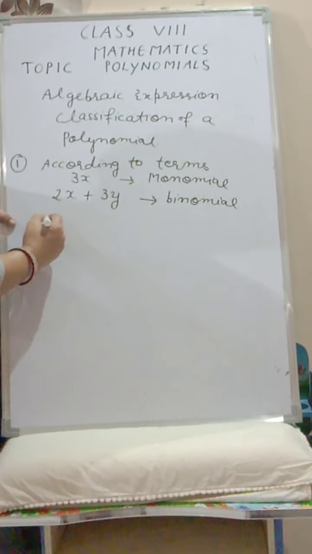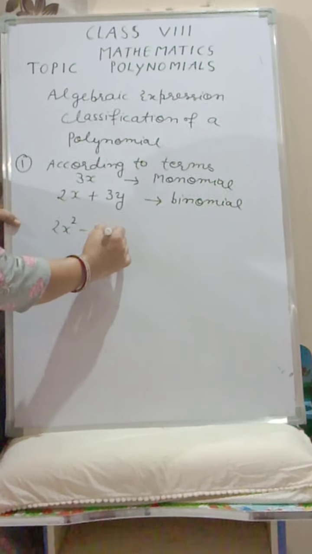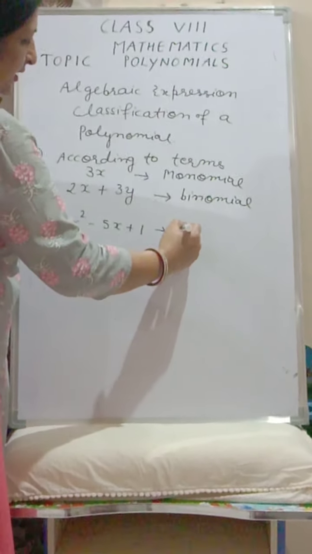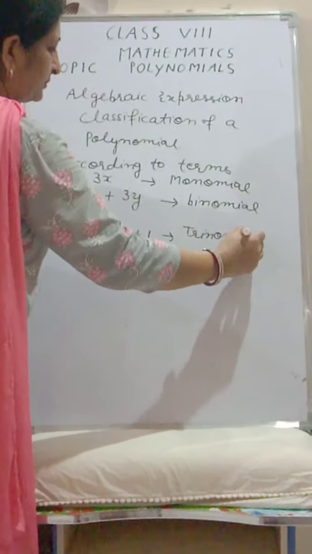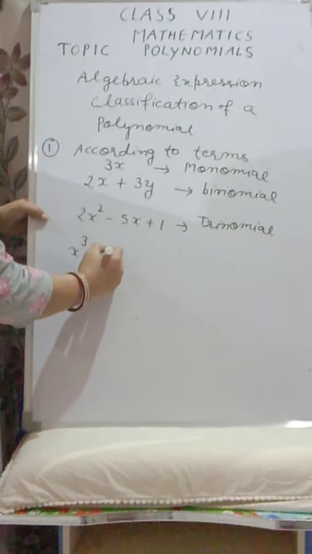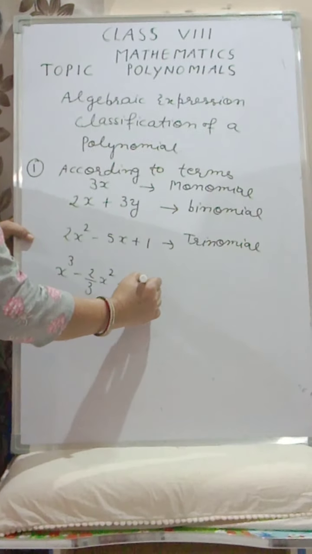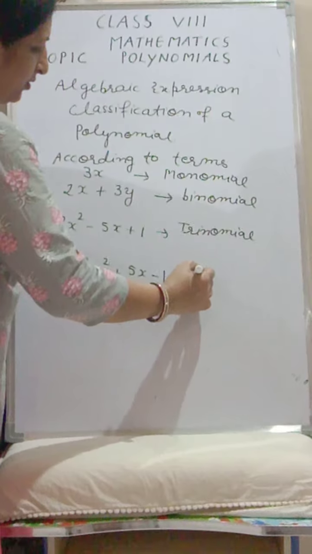Having three terms, 2x raised to power 2 minus 5x plus 1, it is called a trinomial. X raised to power 3 minus 2 by 3 x raised to power 2 plus 5x minus 1 is called a quadrinomial.